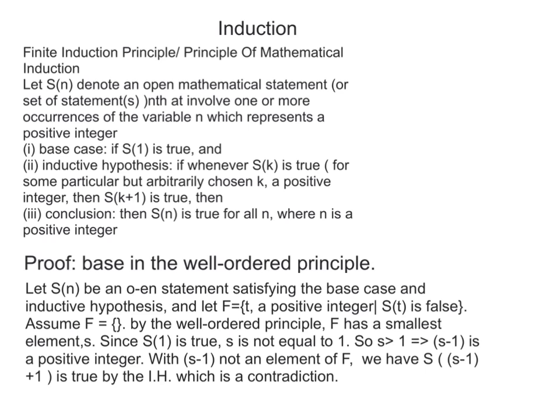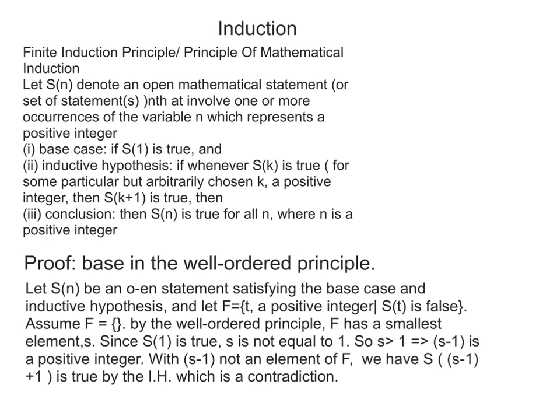So s is not equal to 1, so s is some number greater than 1, which implies s minus 1 is a positive integer. With s minus 1 not an element of F, we have S(s-1+1) is true by the inductive hypothesis, which is a contradiction, since s-1+1 is s, but s is supposed to be the smallest element where S(t) is false.